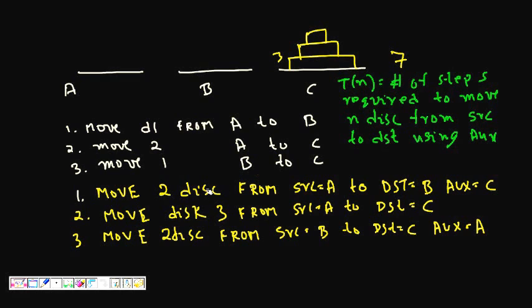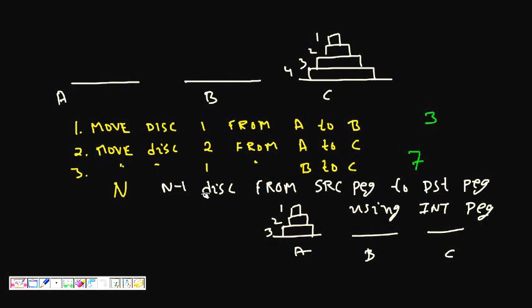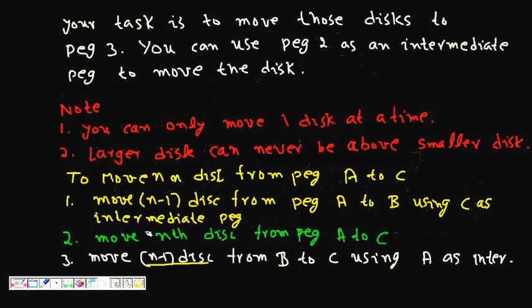Okay, so T(n) is the number of steps. What we can say is T(n) consists of moving n minus 1 disks from source peg A to peg B using C as intermediate.